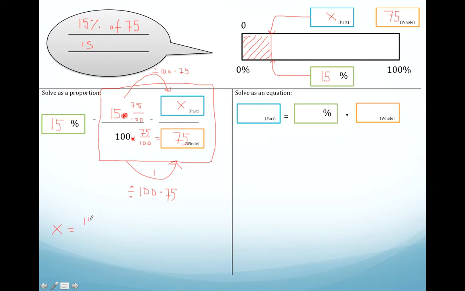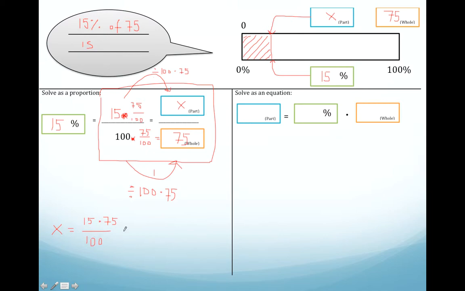15 divided by 100 times 75. Where did this come from? I apply divide by 100 times 75 to 15 to find x. X is 15 divided by 100 times 75.